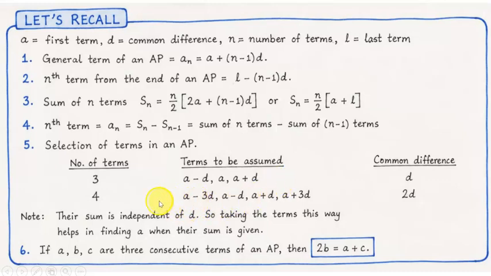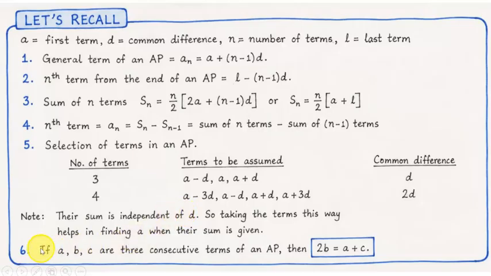And also, when there are 4 terms, if you add all these terms, the +3d and -3d get cancelled, -d and +d get cancelled, and a + a + a + a is 4a, which equals the sum, and then you will get the value of a.